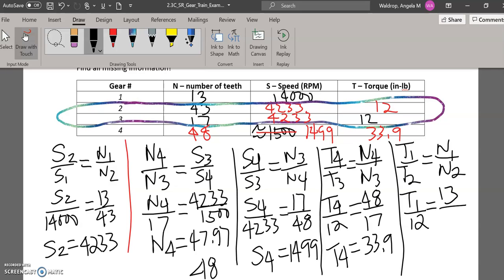And we were also given N2, which is 43. And we go through that calculation, and this is what we find, that our T1 is going to have a value of 3.63. Okay, and then I'll go ahead and I'll write that in my chart, and there we go. And we are finished our calculations.